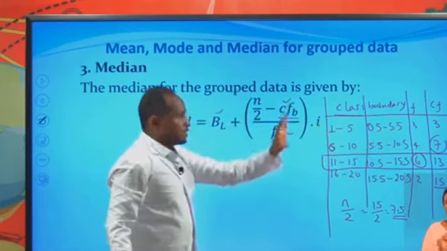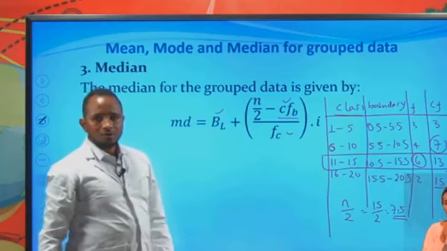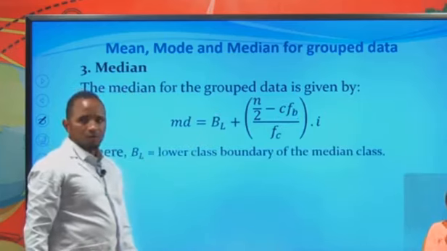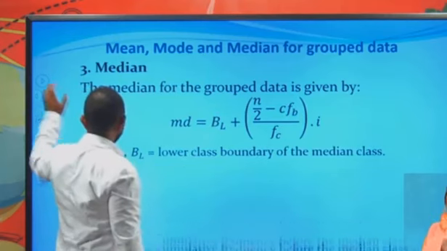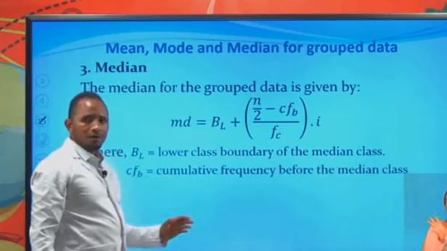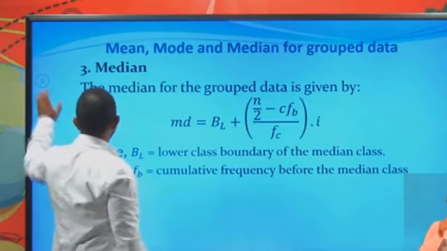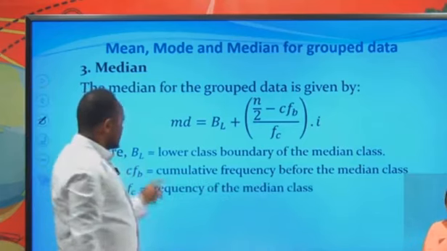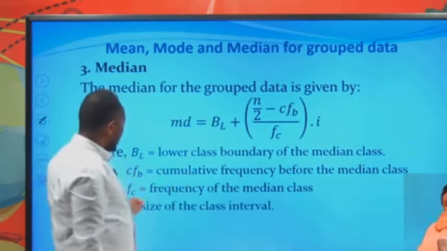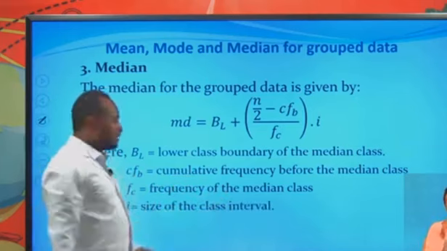After that, you can apply this formula to calculate the median. So here BL is the lower class boundary of the median class, and CFB is the cumulative frequency before the median class. FC is the frequency of the median class itself, and I is the size of the class interval.